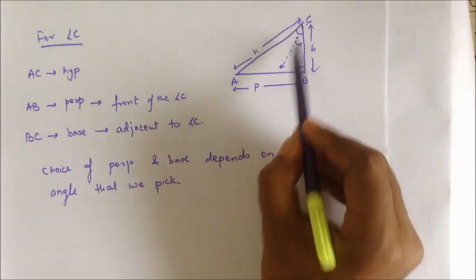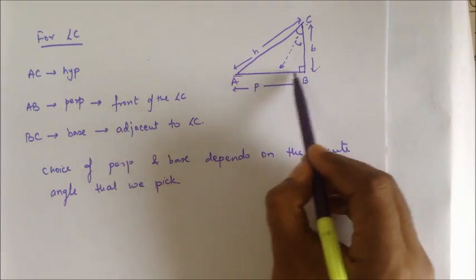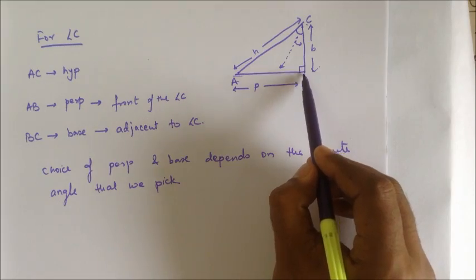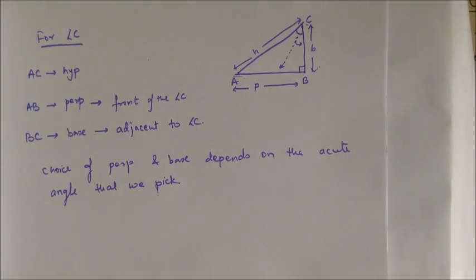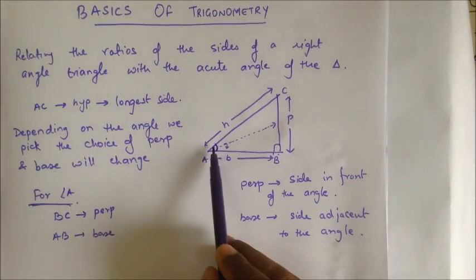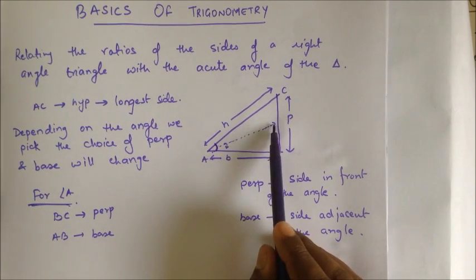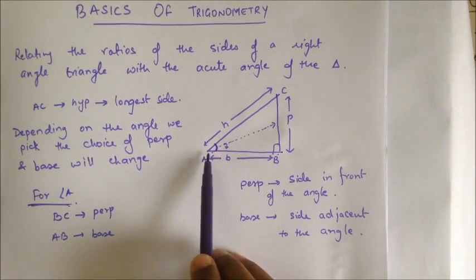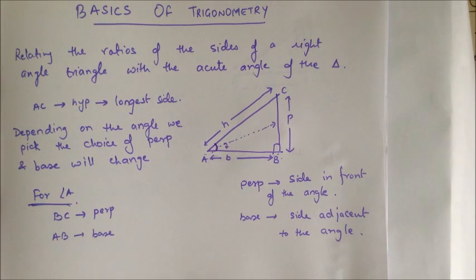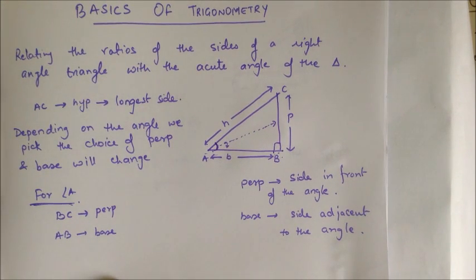For angle C, the side in front of it was AB, hence it became the perpendicular, and BC became the base. While earlier we had seen that for angle A, the side in front of it became the perpendicular and the side adjacent to it, AB, became the base.